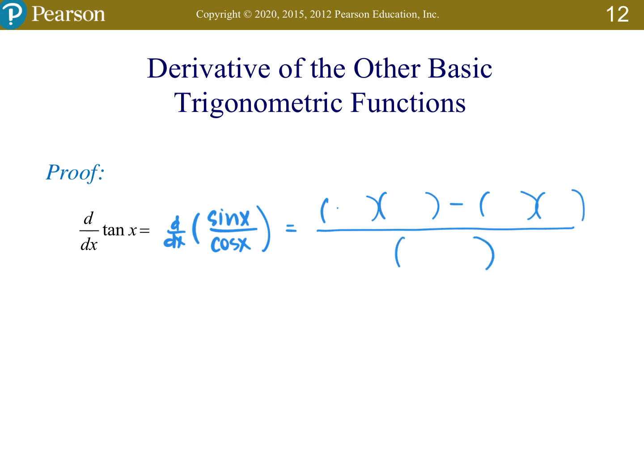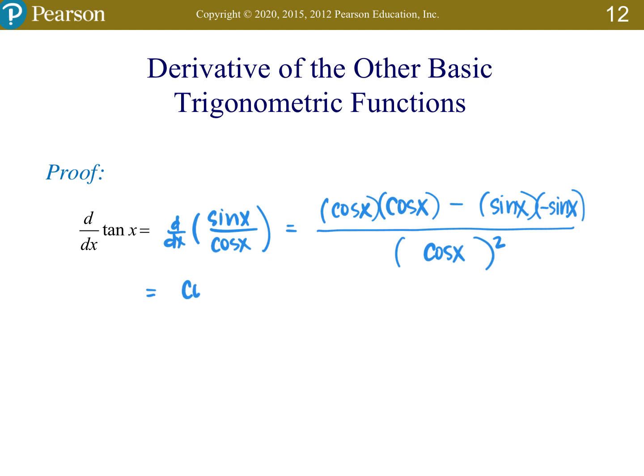This would start with cosine of x, and then followed with another cosine of x. So the derivative of the bottom times the derivative of the top minus the top times the derivative of the bottom. And then the bottom is cosine x quantity squared.